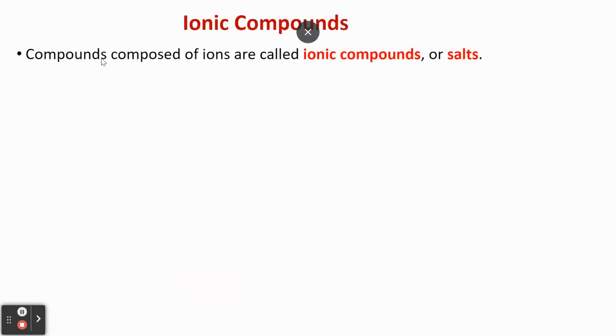So let's focus first on ionic compounds. Compounds that are composed of ions are called ionic compounds, and sometimes they're referred to as salts.